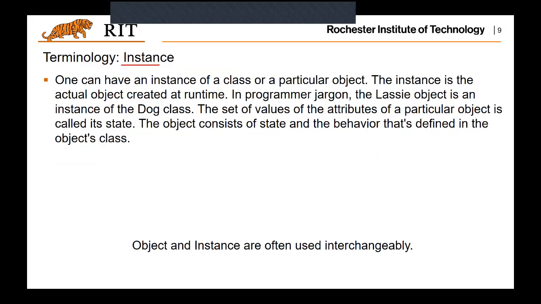Again, the instance of a class is basically the actual object created when you run the code, right? In programming jargon, if we take the dog as an example and you define an object called Lacy, Lacy is an instance of the dog class.